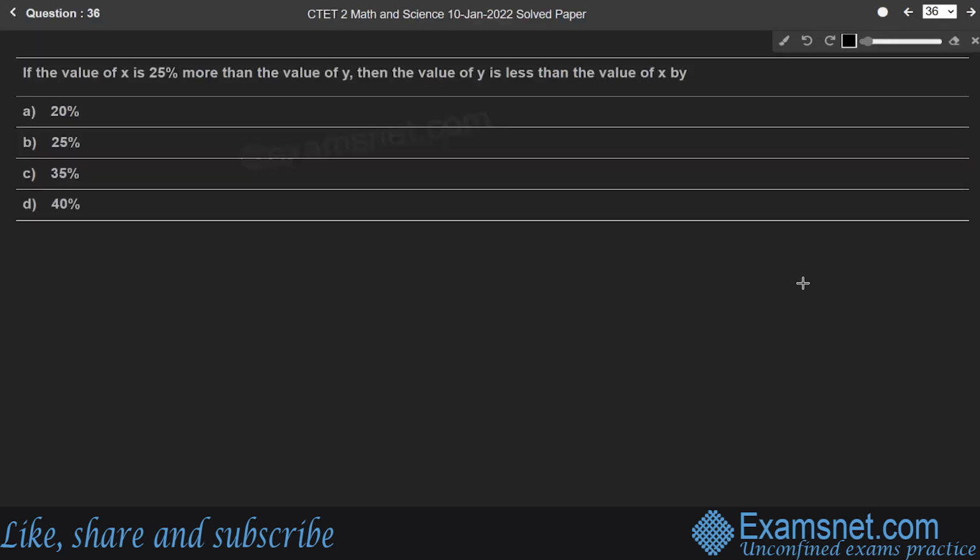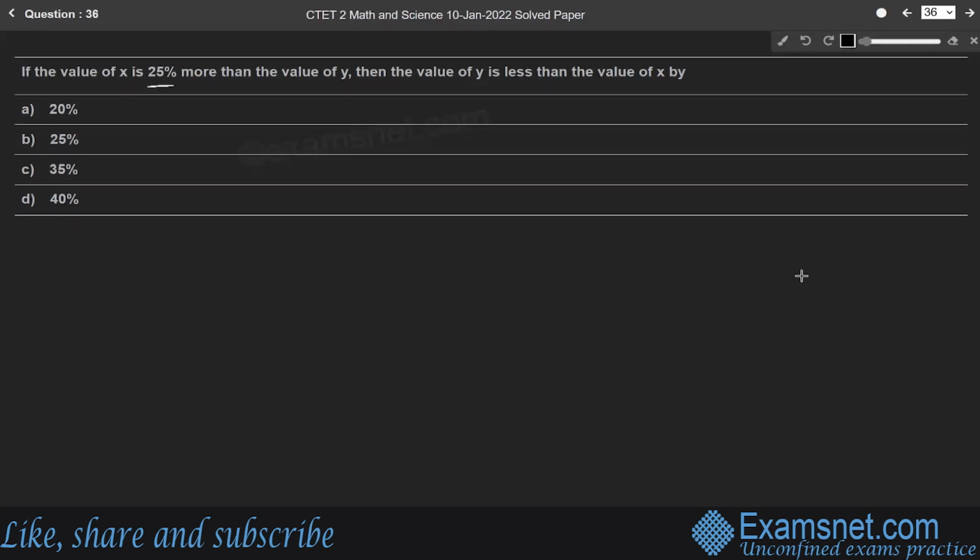Question 36. If the value of X is 25% more than the value of Y, then the value of Y is less than the value of X by. Here, let the value of Y be 100.